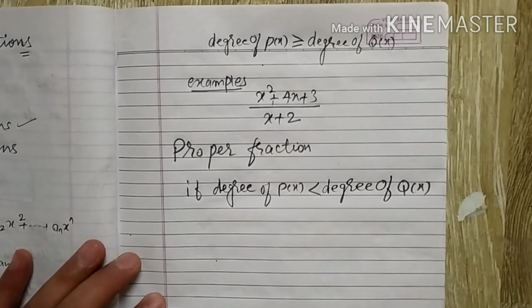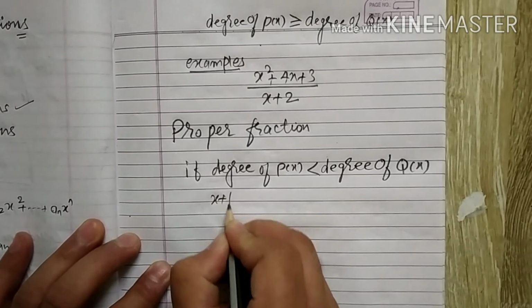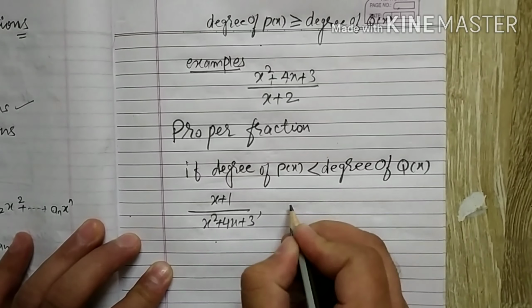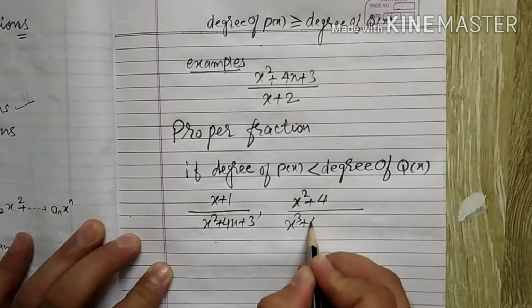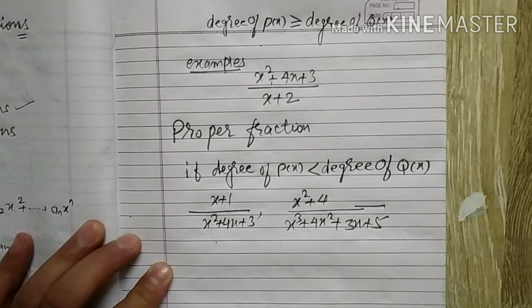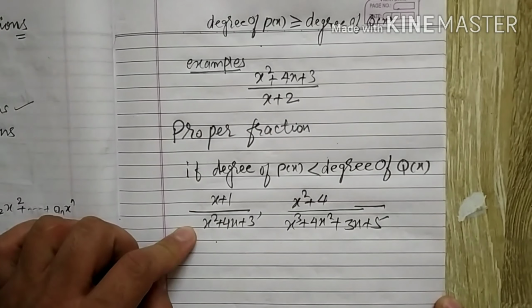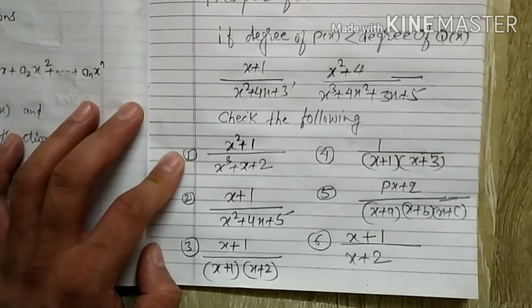In this way the fraction will be proper. Some examples: x + 1 upon x² + 4x + 3, or x² + 4 upon x³ + 4x² + 3x + 5. Whatever fraction is in this form will be a proper fraction. Hope you understood proper and improper fractions.